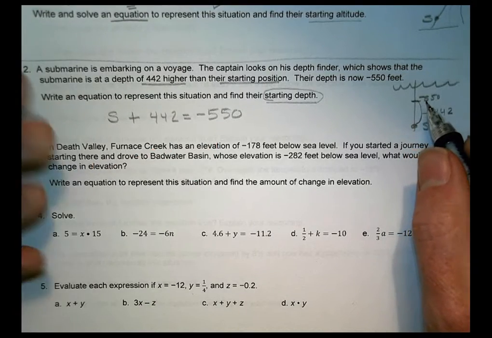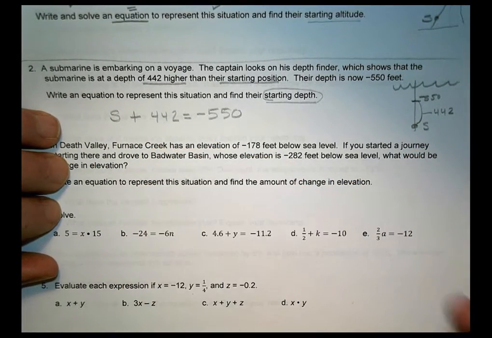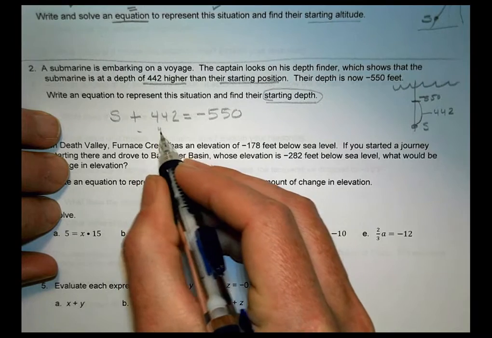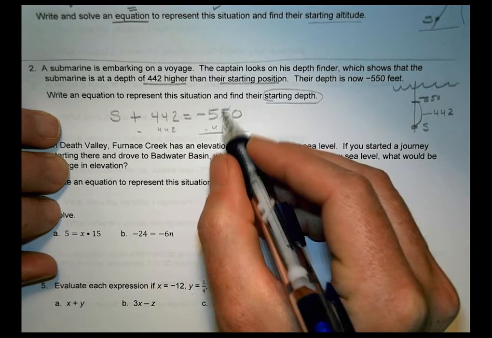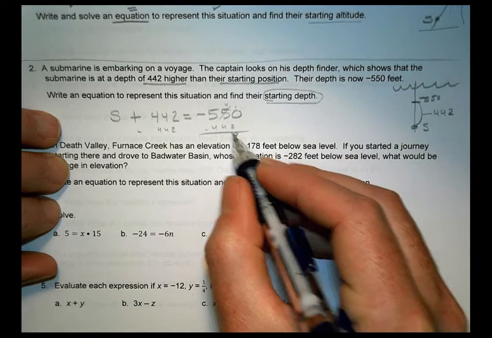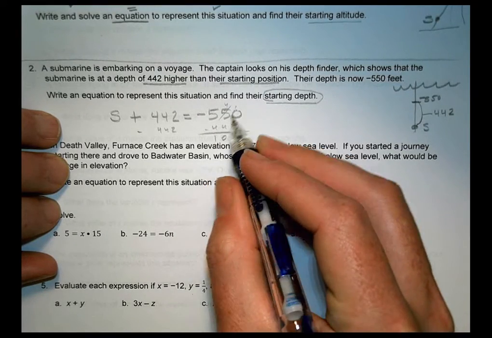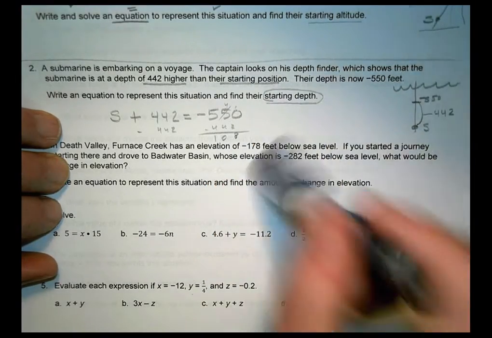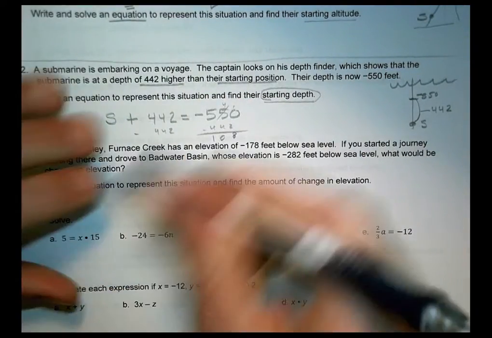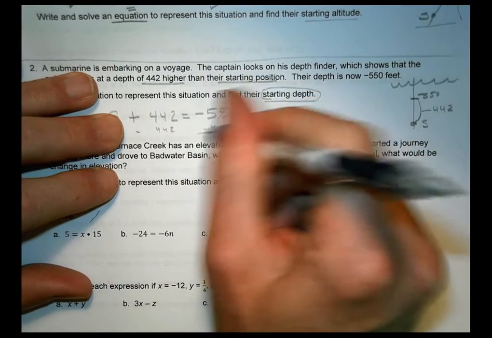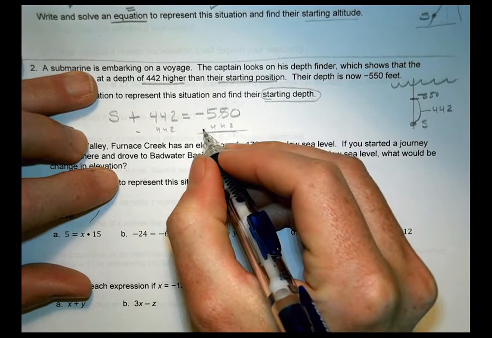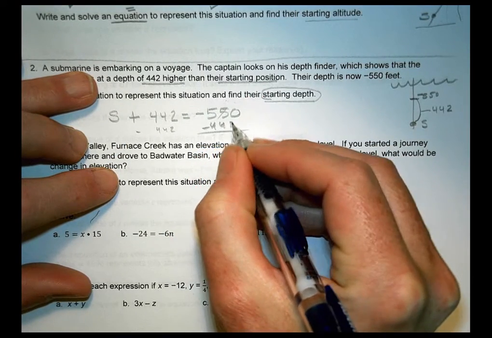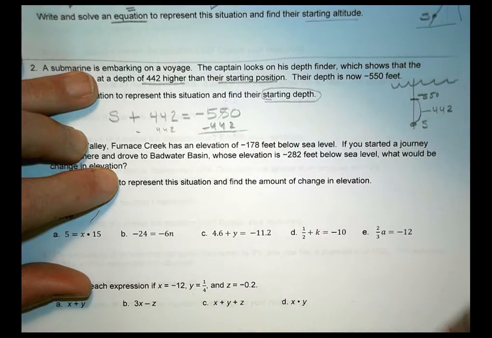Now, if I was asked to solve this, we would solve it by doing what? We would subtract 442 from both sides. Oh, sorry, no. Don't do that part. It is right, subtract, but when I subtract a negative minus a negative, I have to actually add.